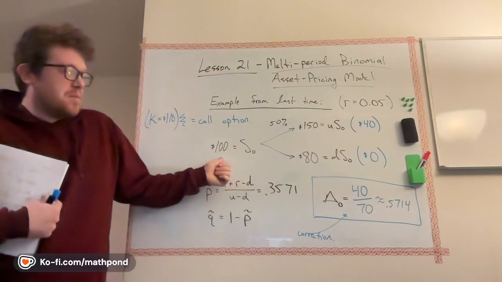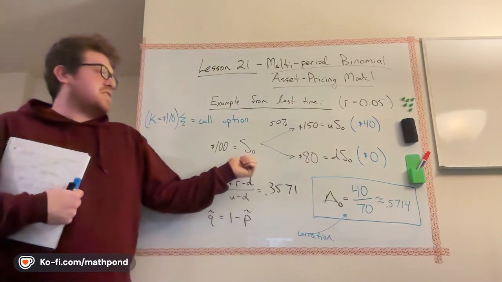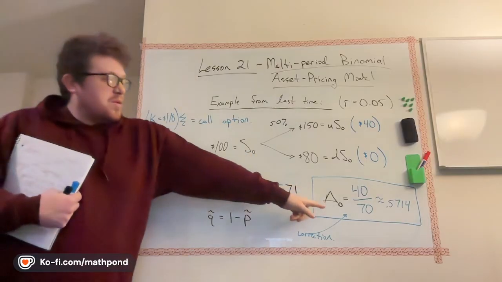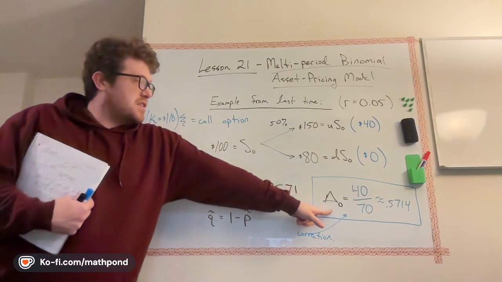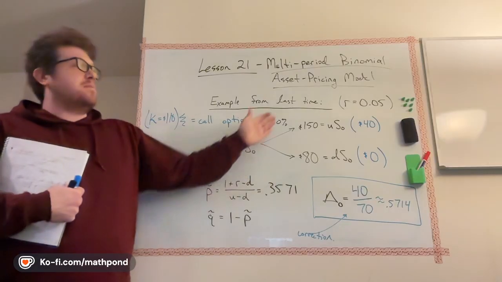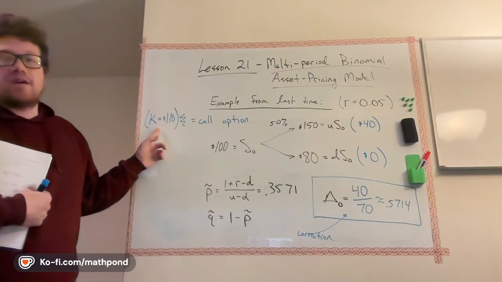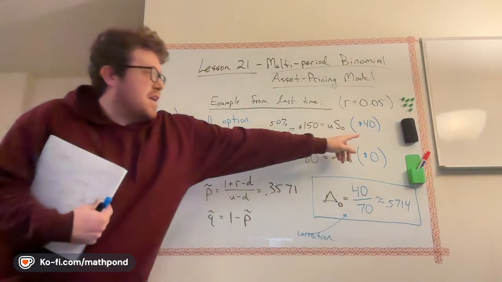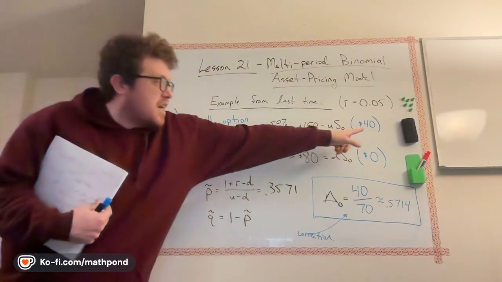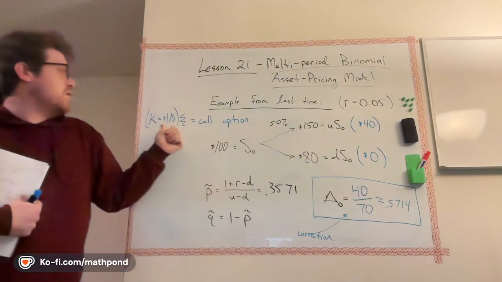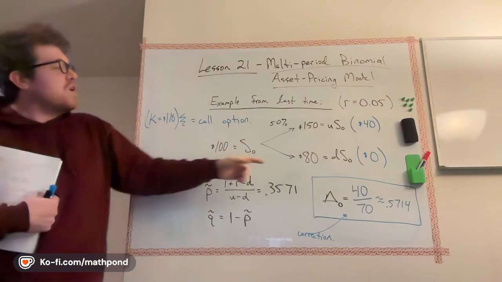For the one period model, there's just delta 0, and that's saying how much of the stock I should buy to replicate the portfolio for some option that has some payoff. In the example from last time, we had a strike of 110, and if the stock was at 150, the payoff was 40, because we take 150 minus the strike price of 110.